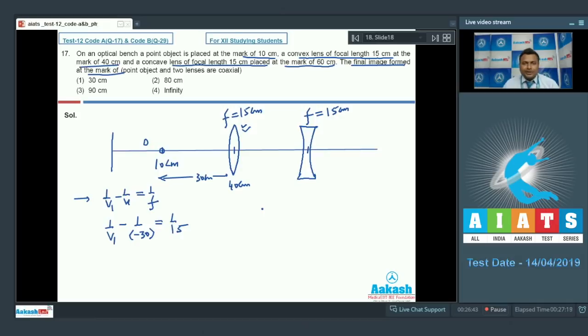Focal length of convex is taken positive according to sign convention. So therefore we got the value V1 as 30 centimeter.